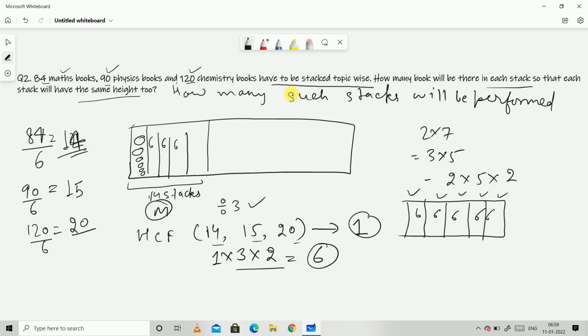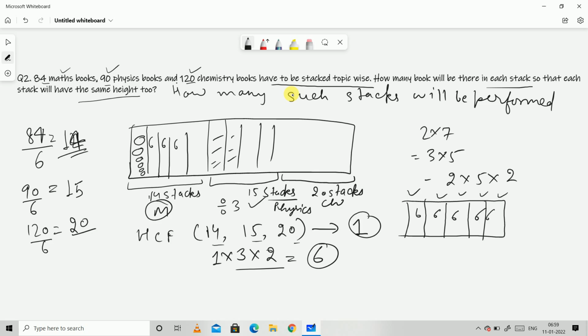Okay, then there will be 15 stacks, okay, again there will be 15 stacks, or you can say 15 columns having 6 books, and these 15 stacks will be of physics books. And then next you will have 20 stacks, okay, of the chemistry books, each stack or each column having 6 books.